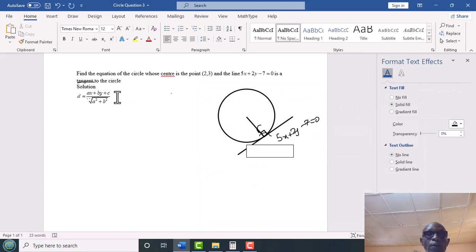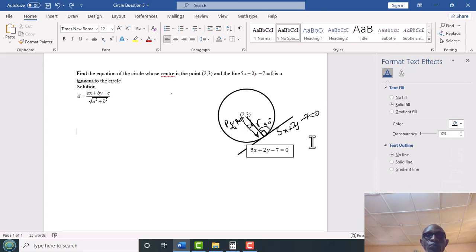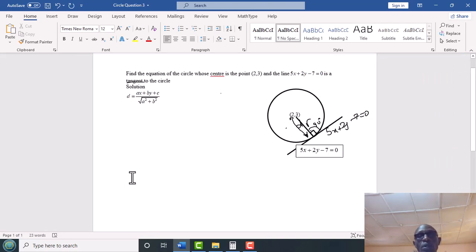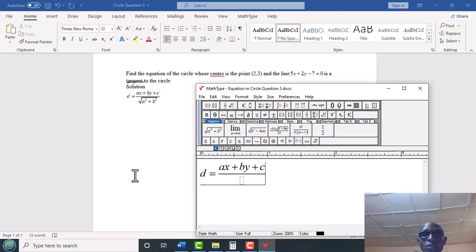So now our radius is the perpendicular distance, |ax + by + c| over the square root of a squared plus b squared.